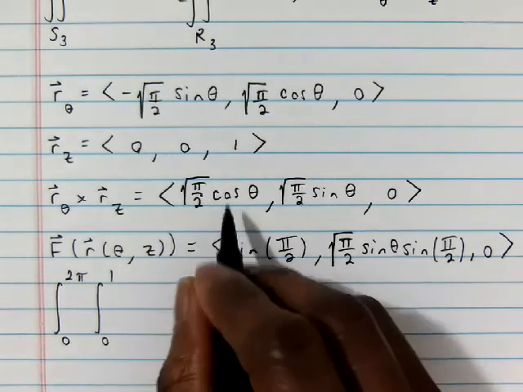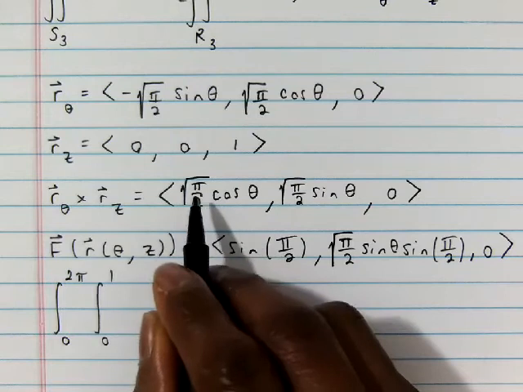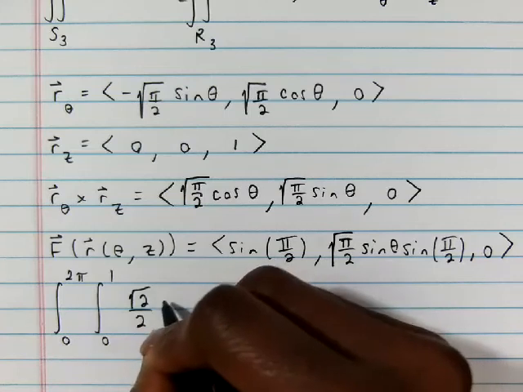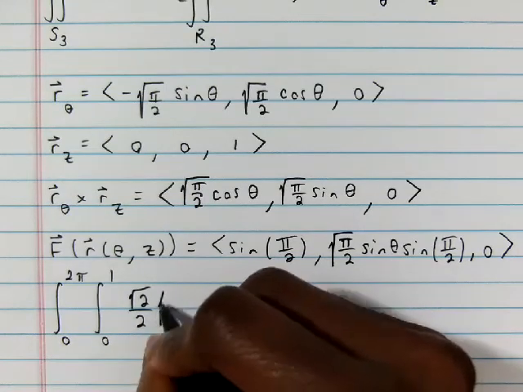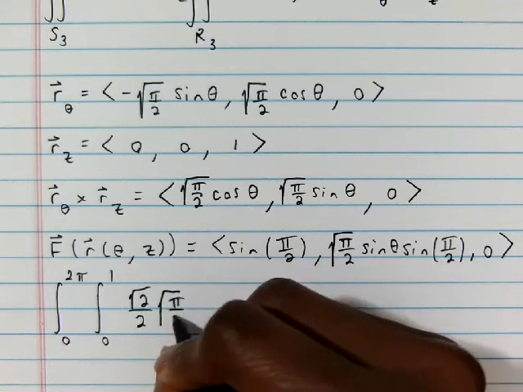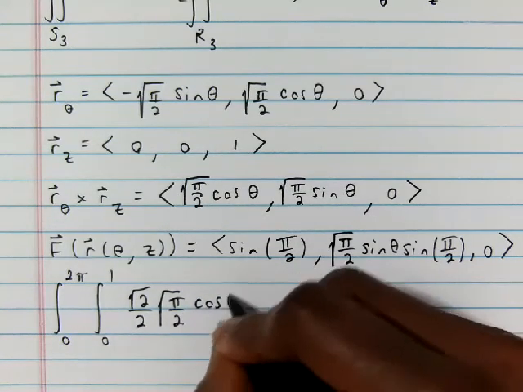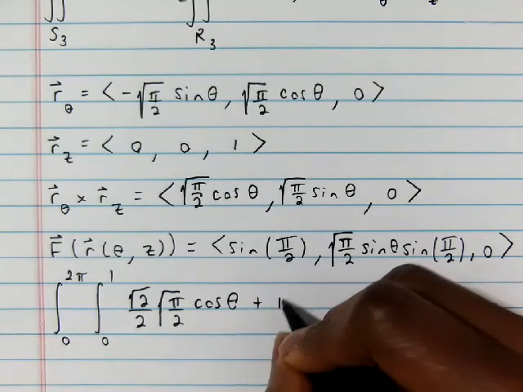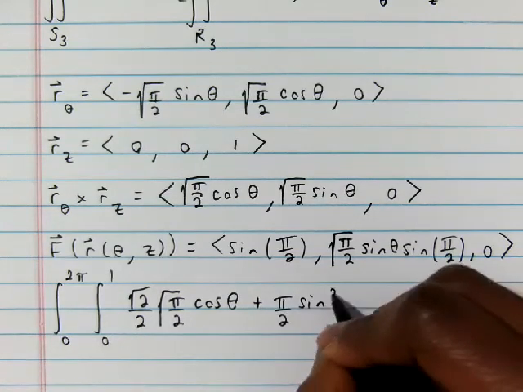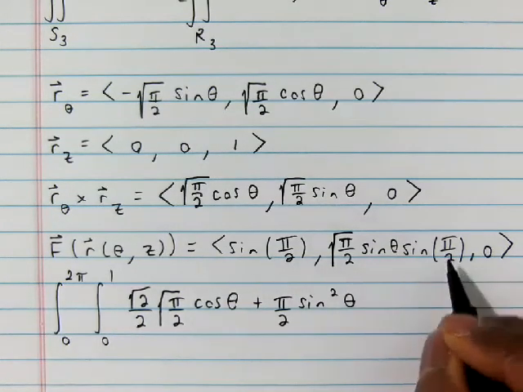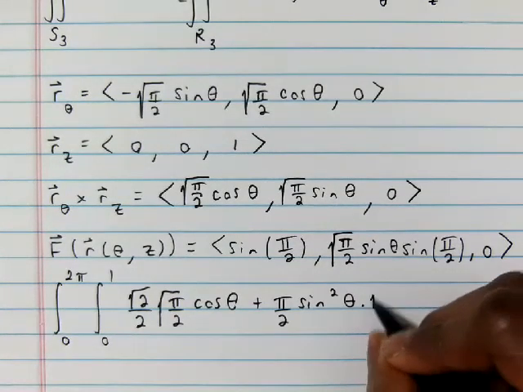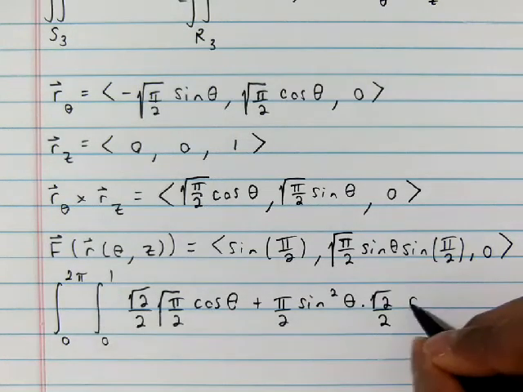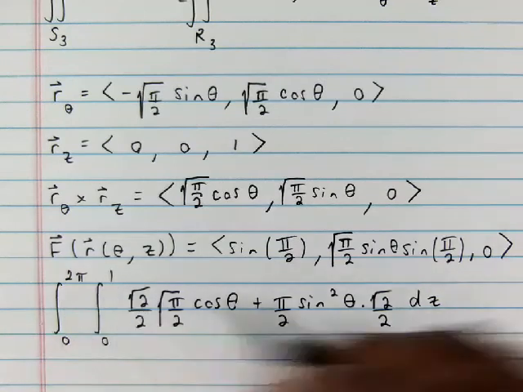So that gives us, with these two, root 2 over 2 times the square root of pi over 2 times cosine of theta, and then plus, we multiply these two, we get pi over 2 sine squared theta. Oops, I forgot about my root 2 over 2. So I put it back here, times root 2 over 2. And these are z's, so dz, and these are theta, d theta.